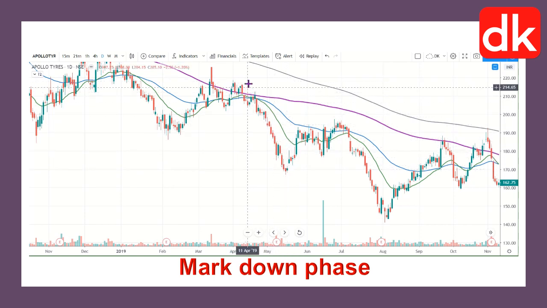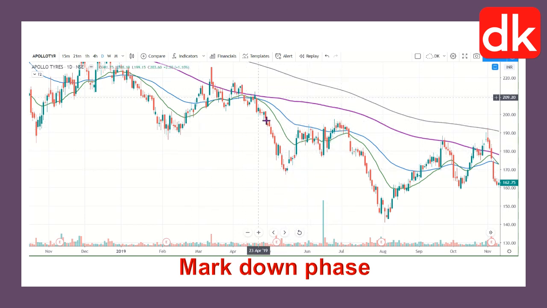So the original trend is downward. There is a pullback, a correction. In this case, the correction would be in the opposite direction of the original trend. So this is a corrective wave.